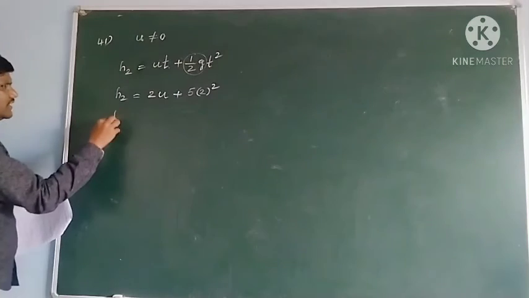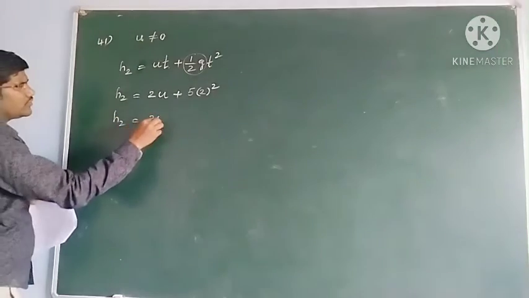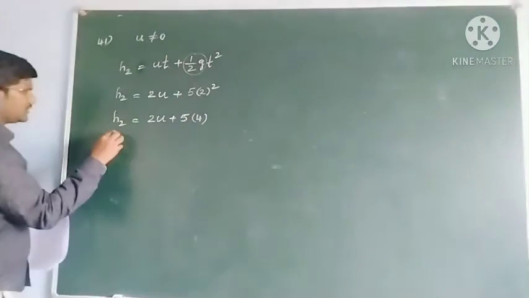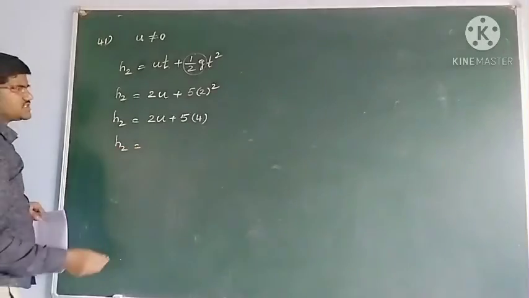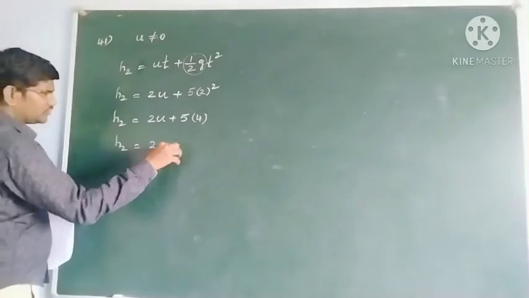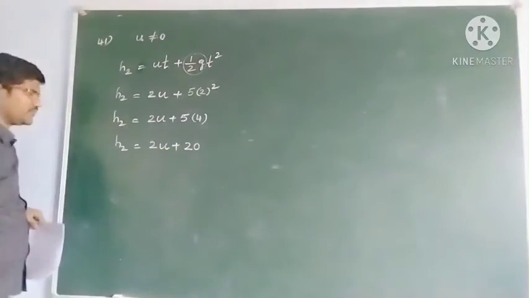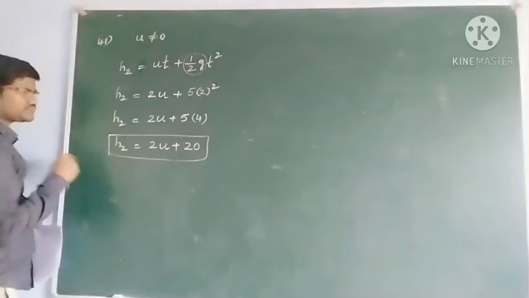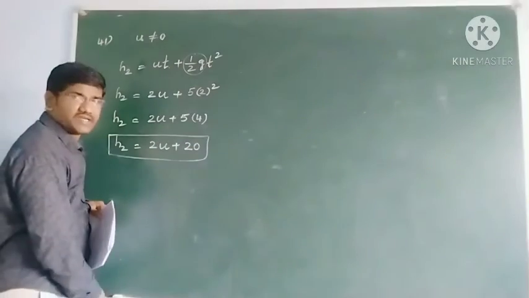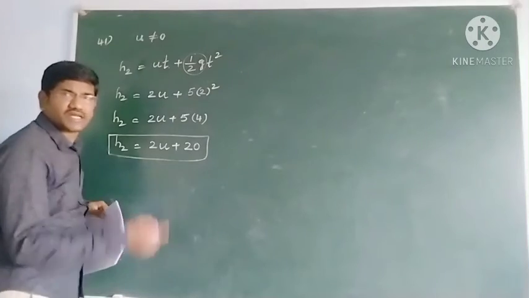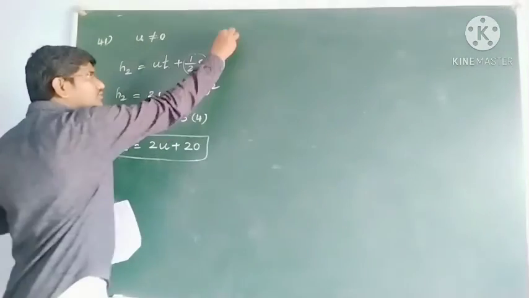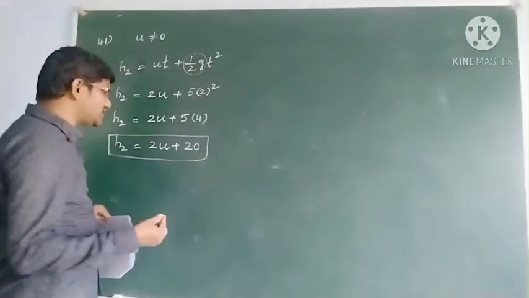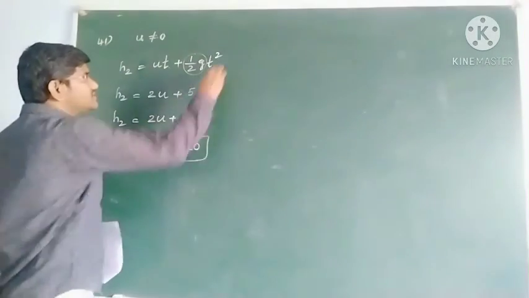So h2 is equal to 2u plus 5 into 2 square, value 4. Then h2 is equal to 2u plus 20. So this is the height fallen for 2 seconds, or the distance travelled for 2 seconds, which is equal to the distance travelled in the next second they are telling. The distance travelled in the next second means the third second.